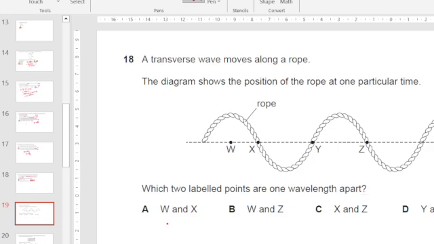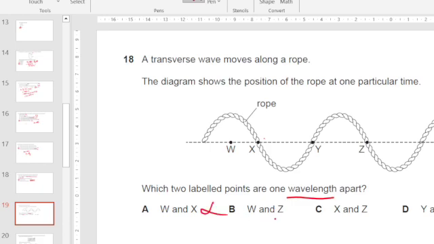If you see option A, W and X, W and X is not possible. Wavelength is the distance traveled by one complete wave, or distance between two consecutive crests or consecutive troughs. Both the options are correct, but the first one is completely wrong.